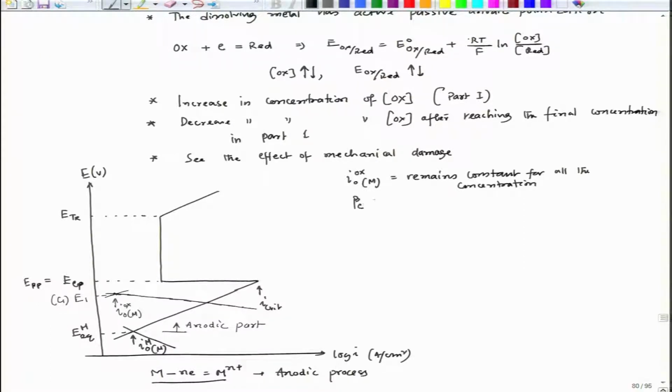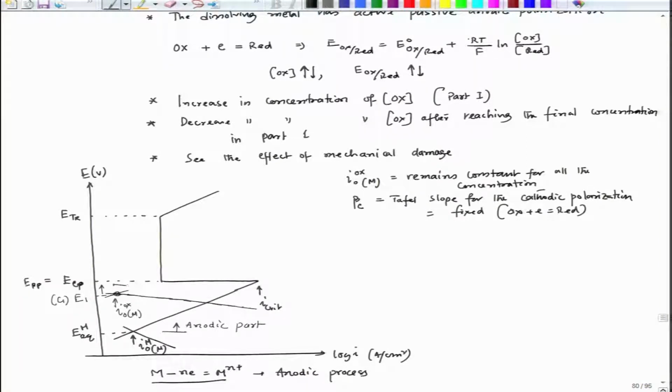Beta C, which is the activation Tafel slope for the cathodic polarization, is fixed for the ox plus e equal to red reaction. If we keep changing the concentration, let us say concentration first increases, then this particular point will shift upward. So, it will shift like this.